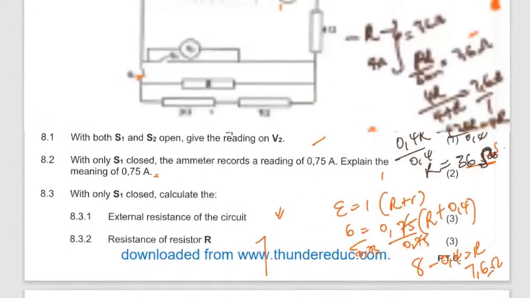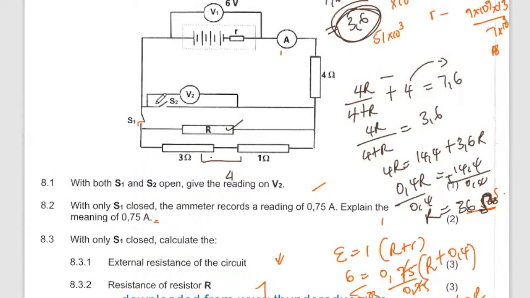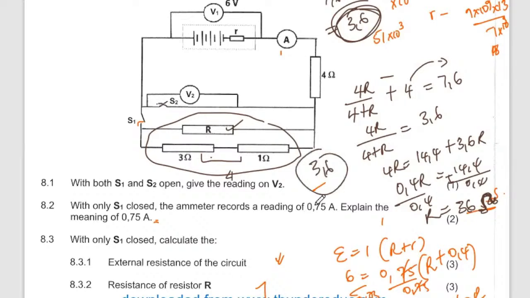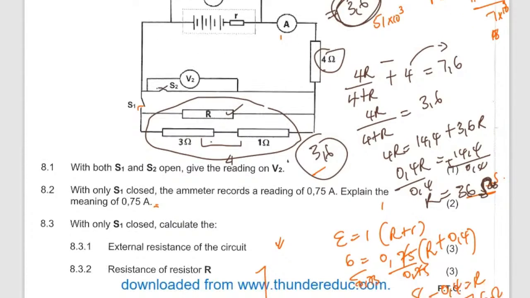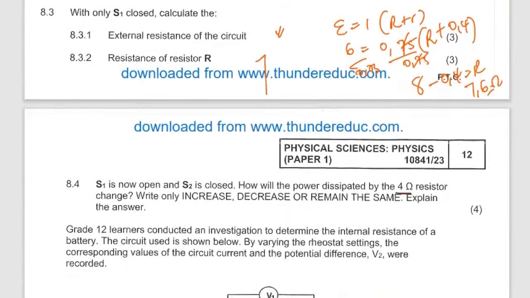Okay. So if this is open and this is closed, which means the current will just take this switch. Remember, this whole thing is 3.6 ohms combined. This is a 4 ohm. Now, if this is off, we only have 4 ohms within the circuit. So the total resistance will be 4 ohm, and then that internal resistance, which is always a must.